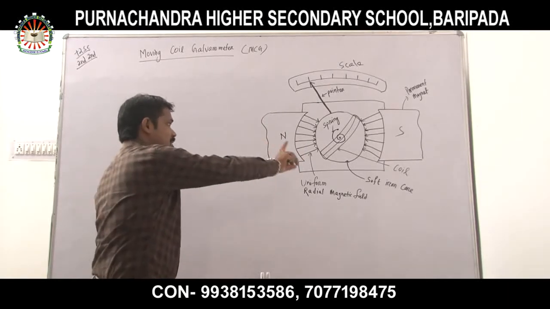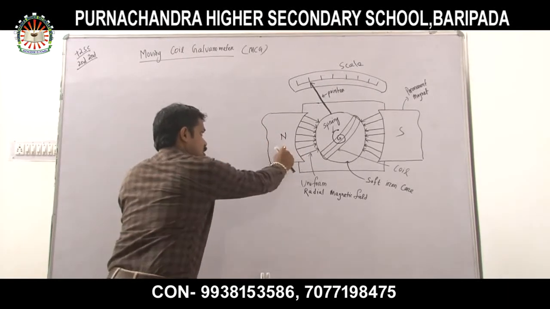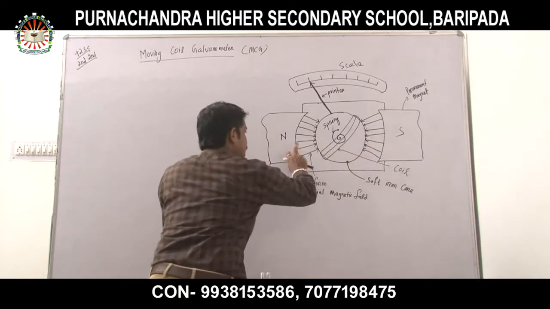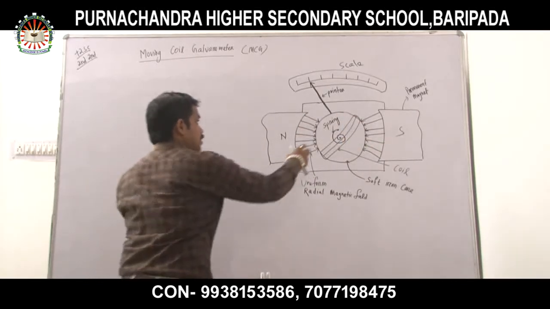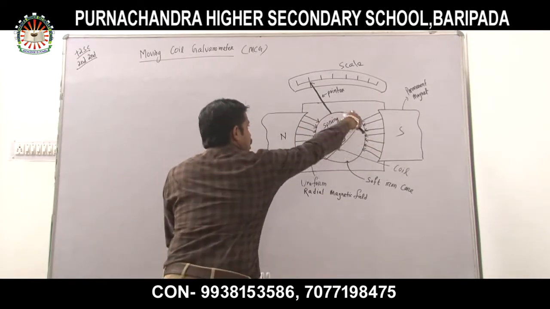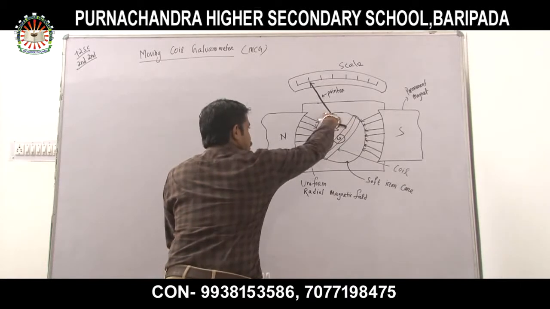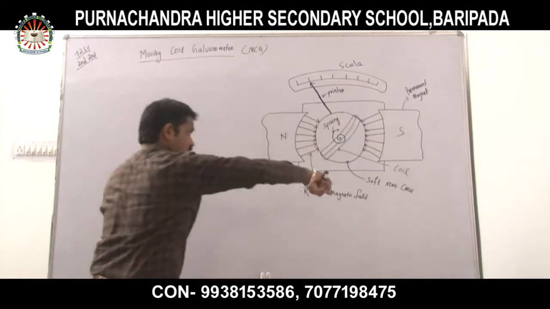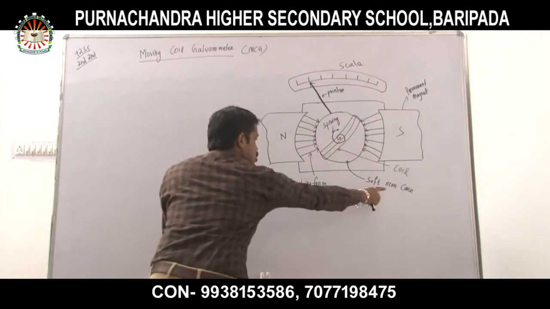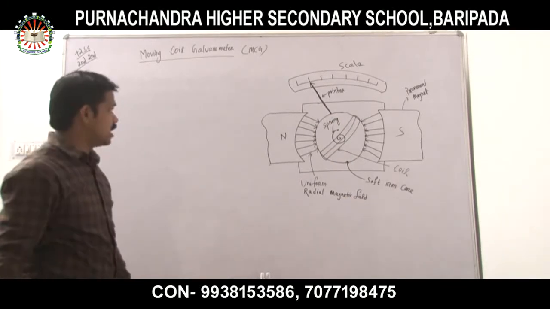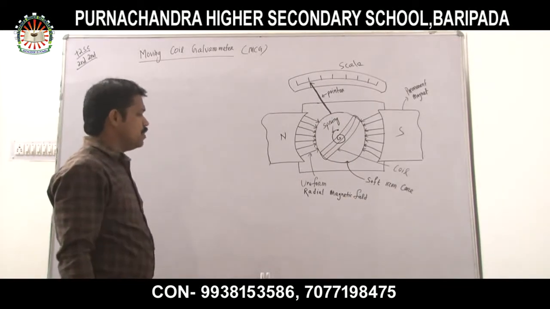A moving coil galvanometer first of all consists of a permanent magnet. It also consists of a cylindrical core which is made up of soft iron, a cylindrical core made up of soft iron.